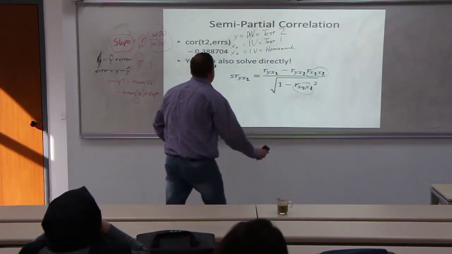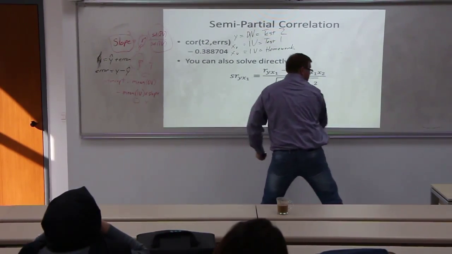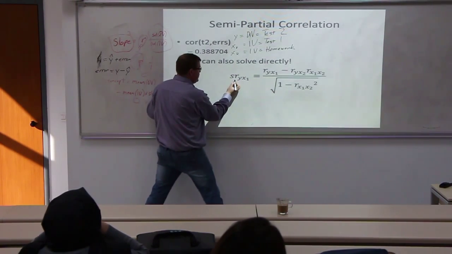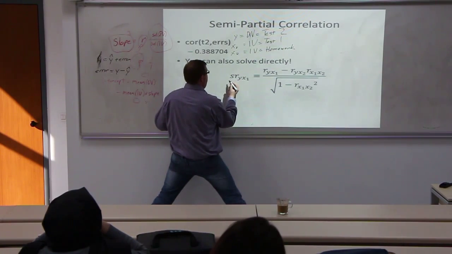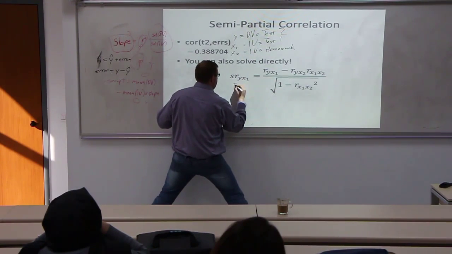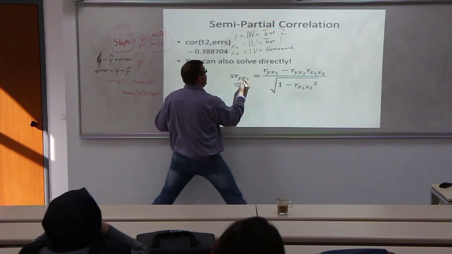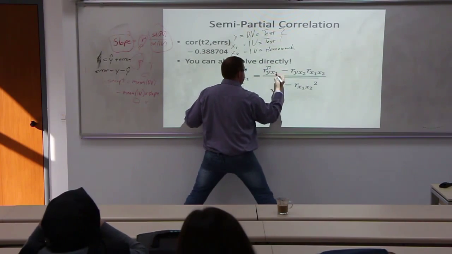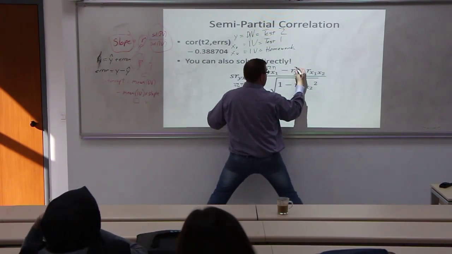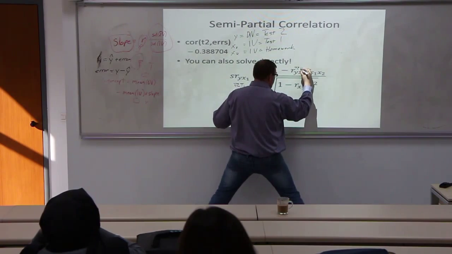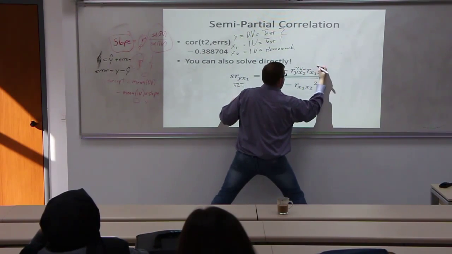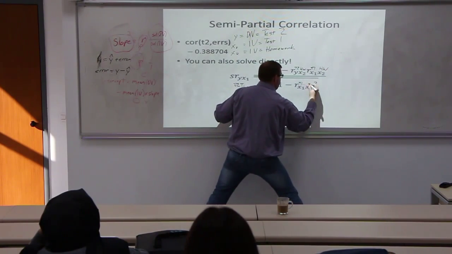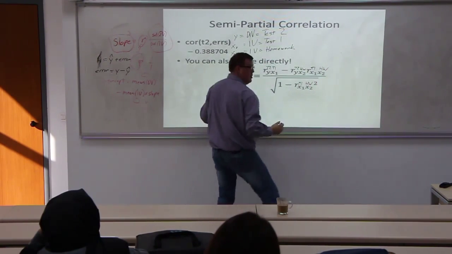Okay, so if we look at this, our semi-partial correlation coefficient for test 2, I'll just say T2 and T1, T2, T1, T2, homework, T1, homework.